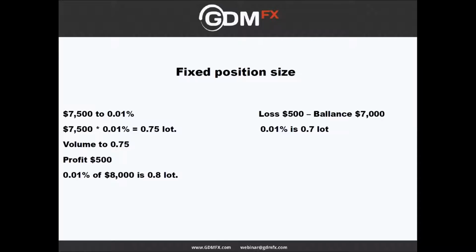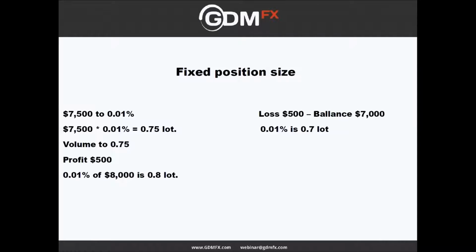That means the only way to calculate this is to find out in US dollars how much 0.01% of $7,500 is, and then divide it by 100 so you can get that lot size, which means $750 divided by 100 gets to 0.75 lot, which would be appropriate for a volume to take.